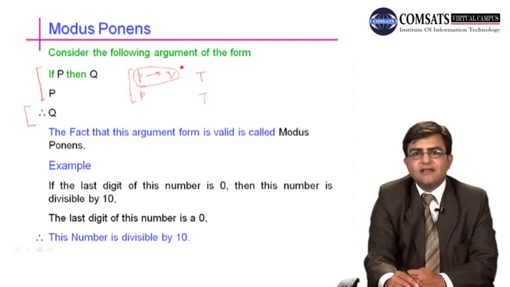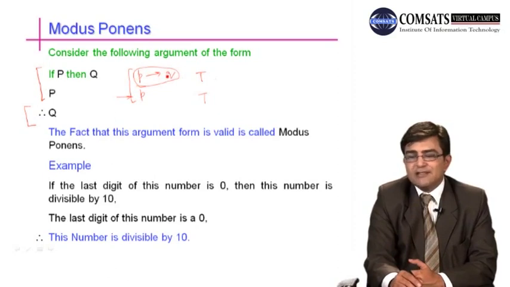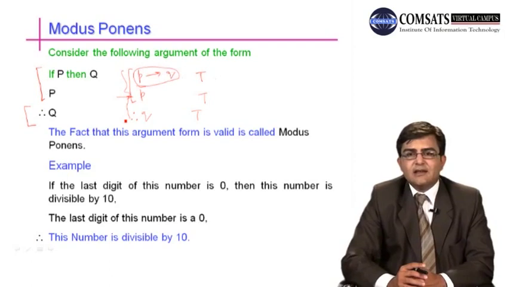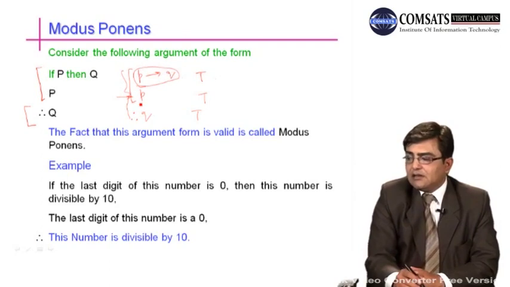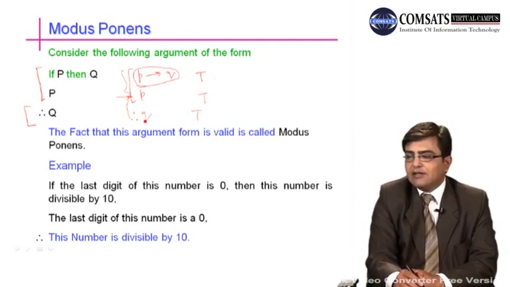As you know, the conditional statement is false only if p is true and q is false. Now if we suppose that p is true, then q must be true. So what we have concluded from these two premises is that q must be true also. So this argument form, which is called modus ponens, is a valid argument. Wherever we see this argument form, we immediately conclude that q is also true.